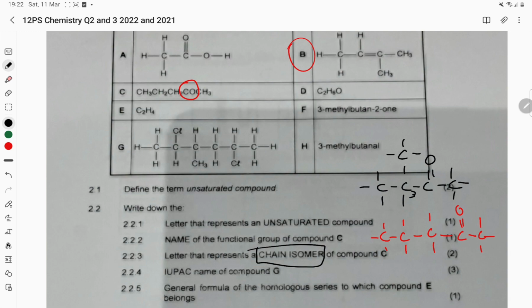So there's a moving of the chain. This CH3 doesn't go there, it goes to this one and forms a different type of branch. Where this is a straight chain, now it branches out, but it's the exact same formula, the exact same functional group, the exact same homologous series, you just change the chain. So that'll be F.